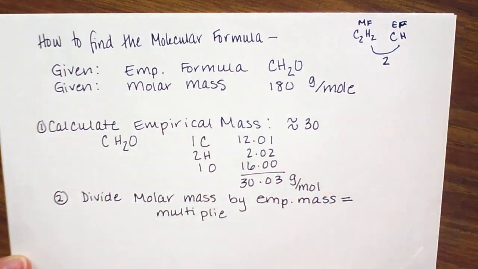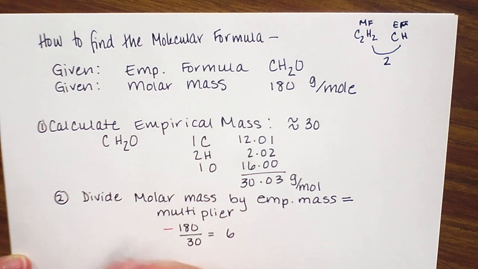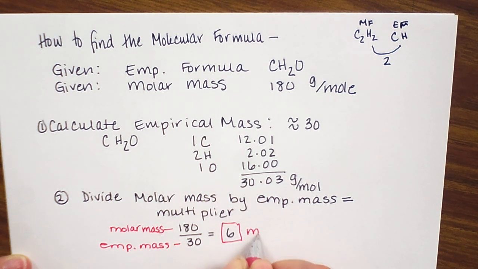So in this case, I'm going to take 180, divide it by 30, and that's going to give me 6. So my 180 here is my molar mass, and my 30 is my empirical mass, and then this is going to be my multiplier.